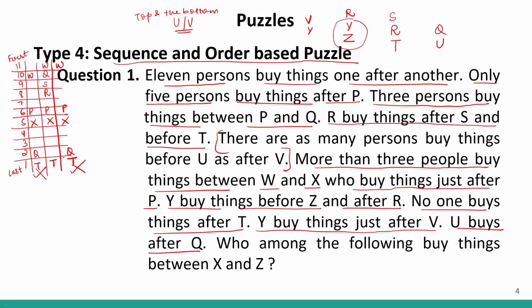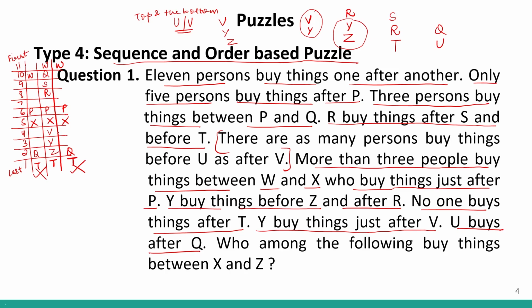I have Y and Z. And before Y, I have V. So it is V, Y and Z. I can place my V, Y and Z like this.